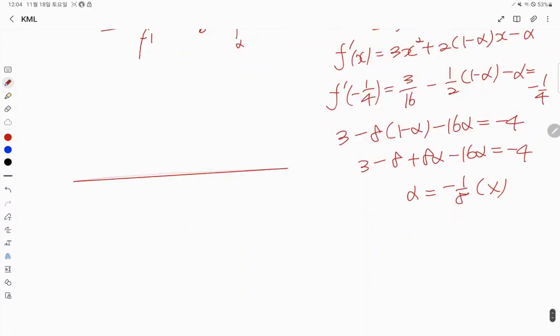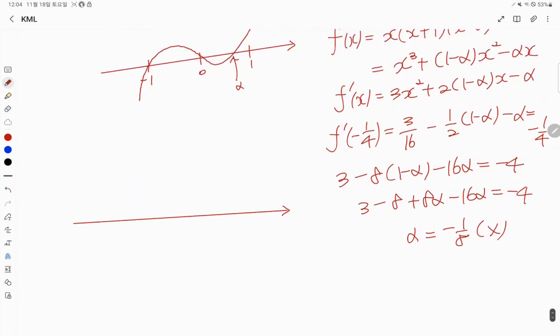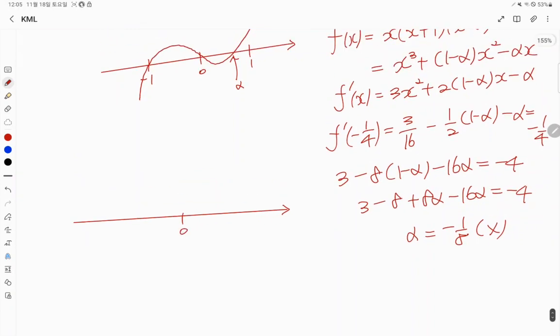So the last case remaining is when the positive root is 1 and the negative root is between minus 1 and 0.